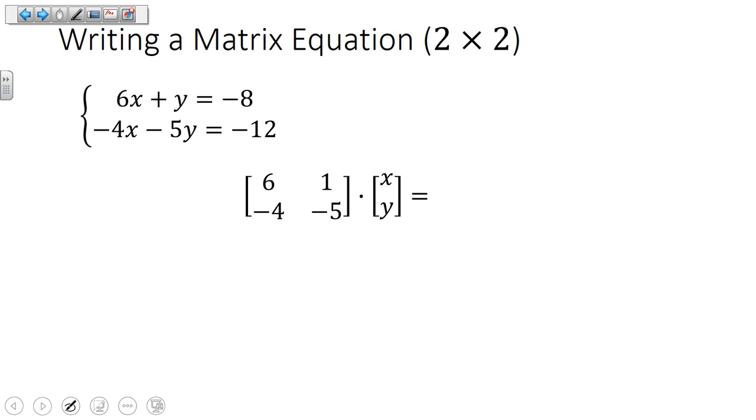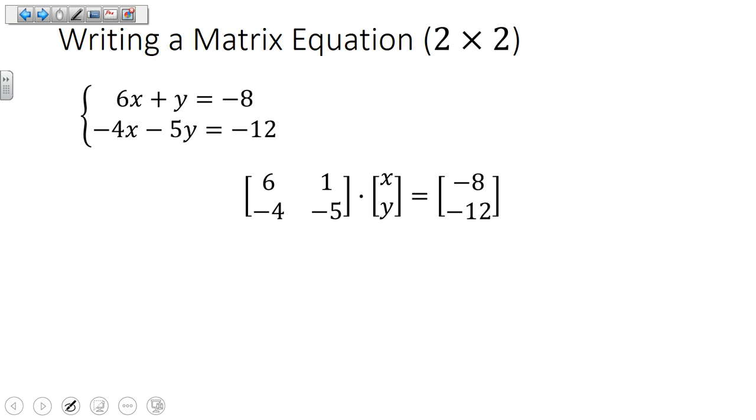I couldn't multiply it by a 1 by 2 matrix, so x and y have to be laid out as a column. And then on the other side of an equal sign, what do you think goes there? Well, the two answers laid out as a column go there, so the negative 8 and the 12. So this is how we turn this system of equations into a matrix equation.